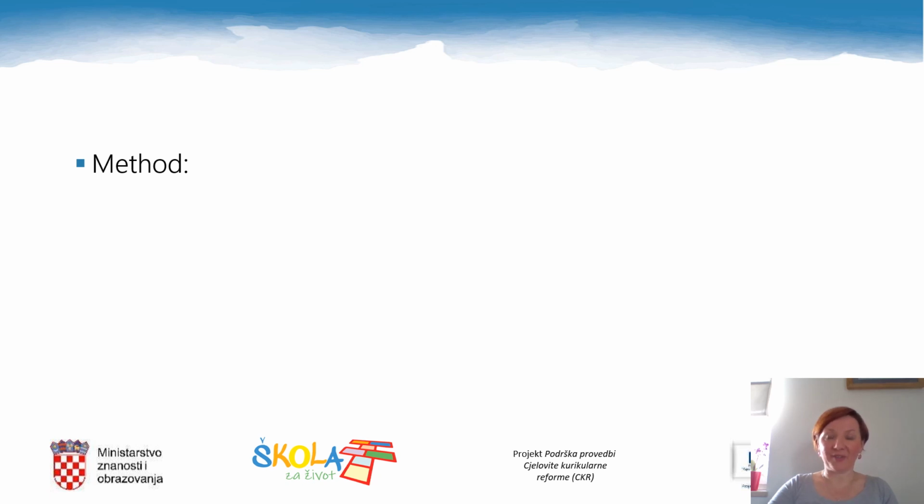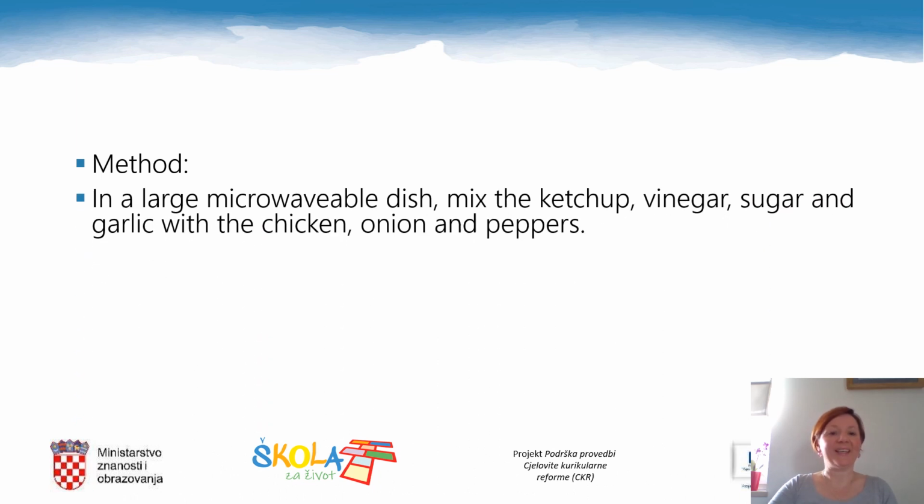The method or the instructions for preparing my dish are the following. In a large microwavable dish, mix the ketchup, vinegar, sugar, and garlic with the chicken, onion, and peppers.